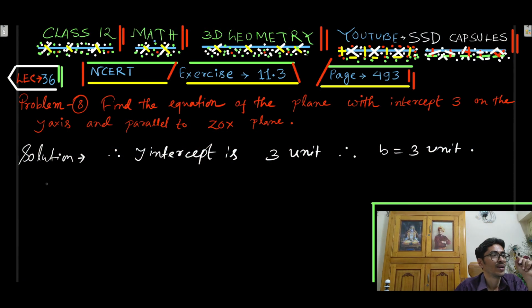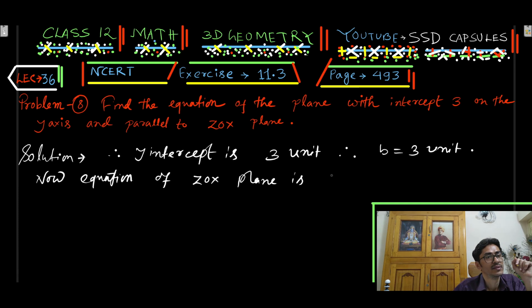The y-intercept is 3. Therefore now the equation of the ZOX plane is y equal to b, where b is some constant.